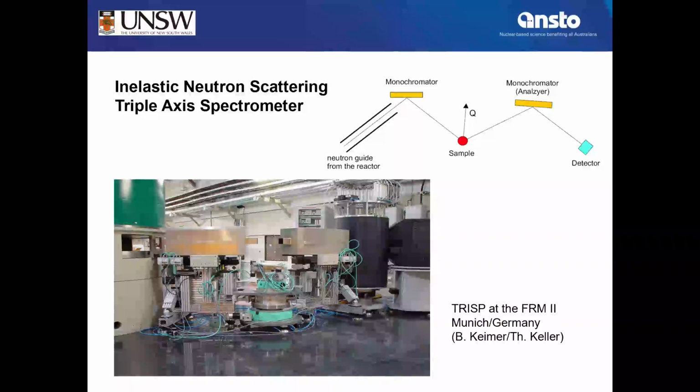If we don't do anything in between, that spin flip component would be completely absorbed by the analyzer, completely eaten up, because the analyzer is also a Heusler crystal and would reflect only the spin up component.